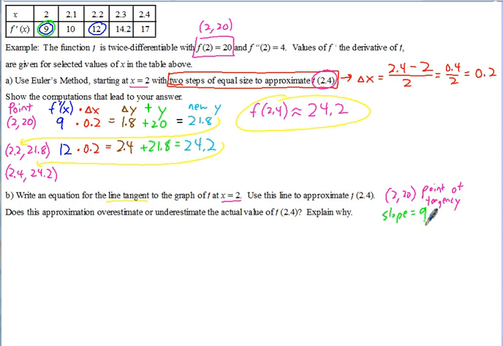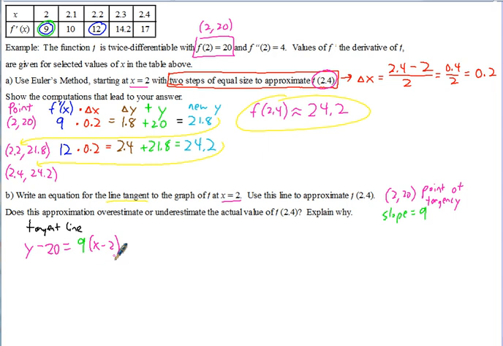So let's write our tangent line. It would be y minus 20 equals the slope 9 times x minus 2.